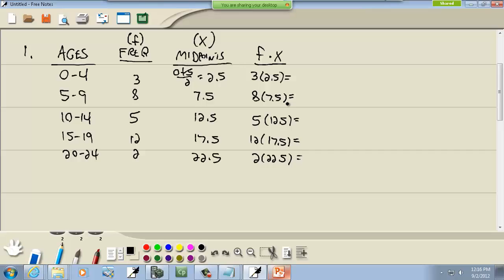So 3 times 2.5 is 7.5. 8 times 7.5 gives us 60. 5 times 12.5 is 62.5. 12 times 17.5 is 210. And 2 times 22.5 gives us 45.